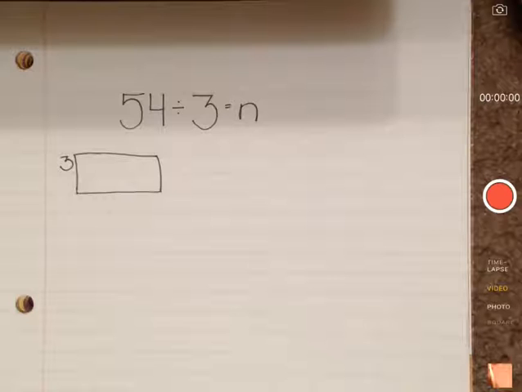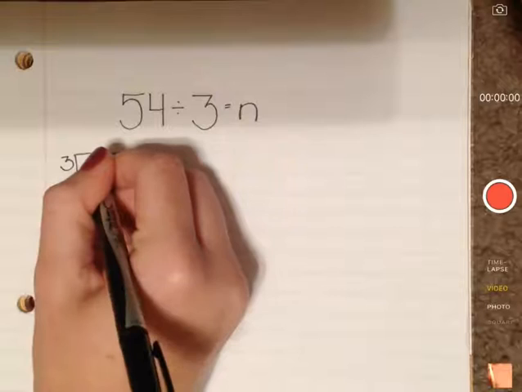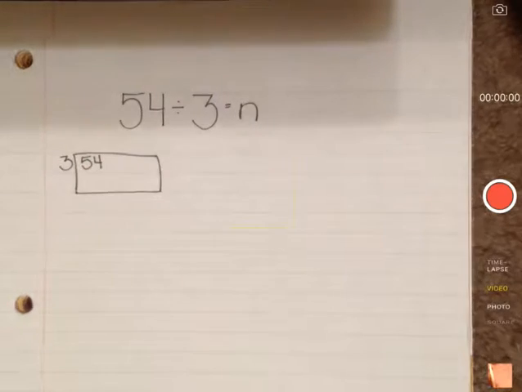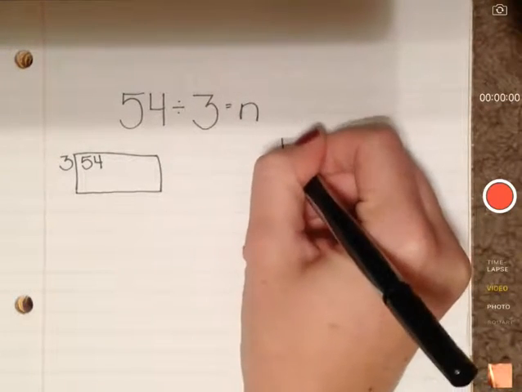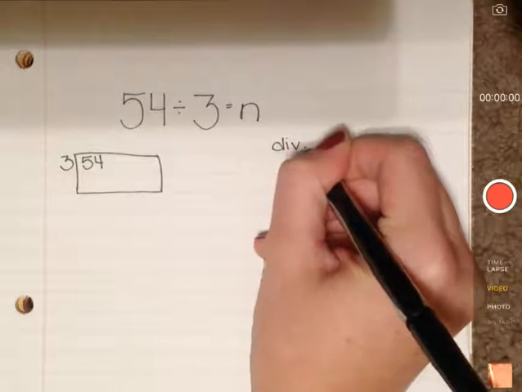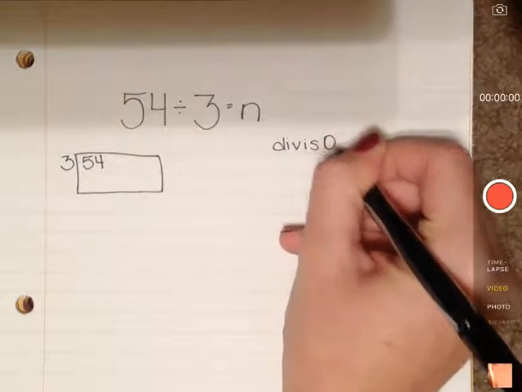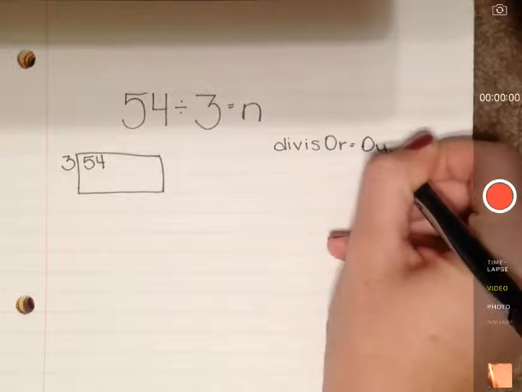Remember that your dividend goes on the inside of your box. I remind myself of this by saying divisor equals outside.